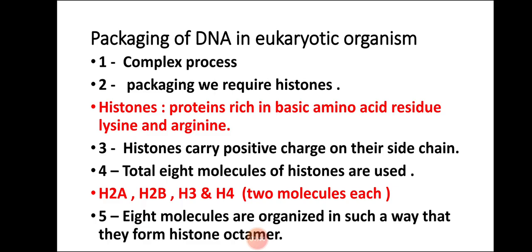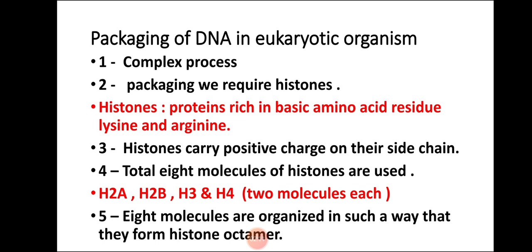This was also discussed earlier, that for the purpose of packaging we require histones. Now let us know what we mean by histones. Histones are proteins which are rich in basic amino acid residues, lysine and arginine. In simple words, histones are proteins having a very high amount of lysine and arginine.